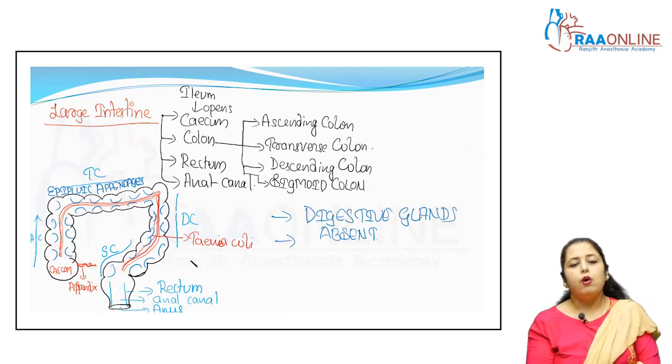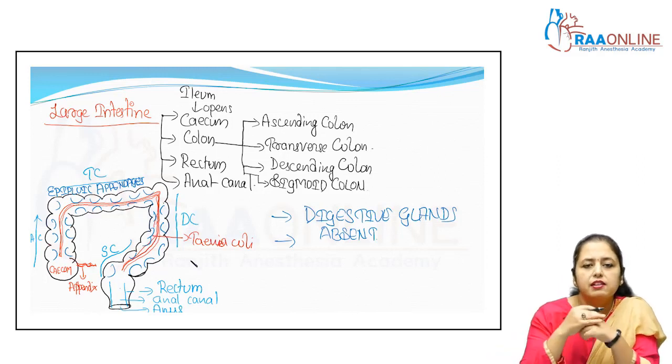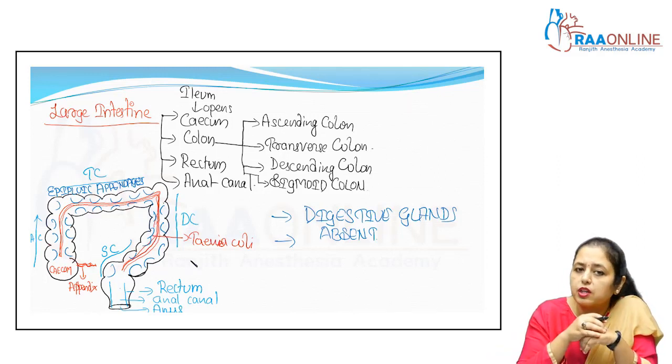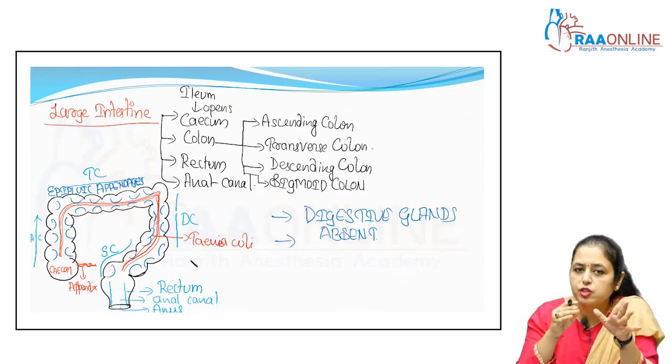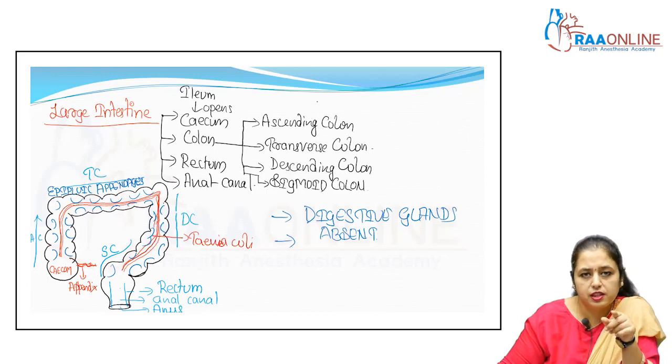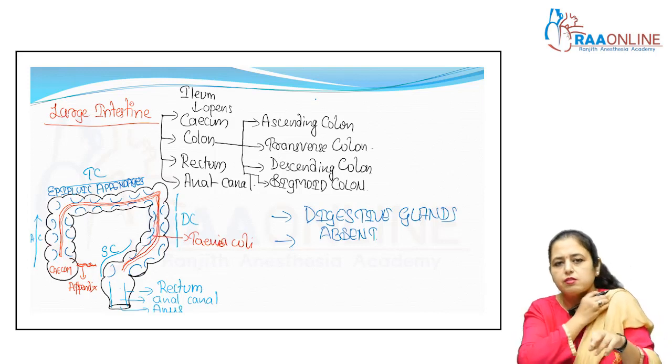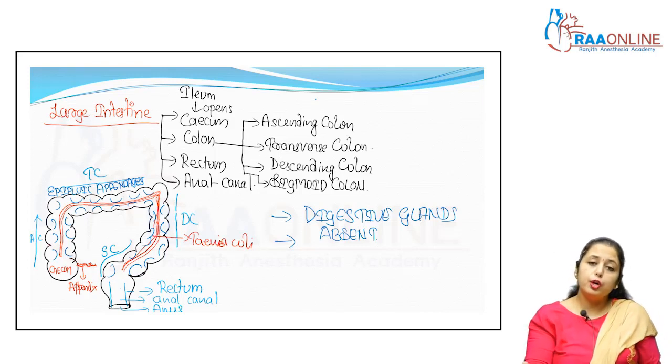That is the alternate contraction and relaxation of the longitudinal and circular muscles, right? The minimum peristalsis is present in the esophagus, and the maximum in the duodenum, that is 12 times per minute.